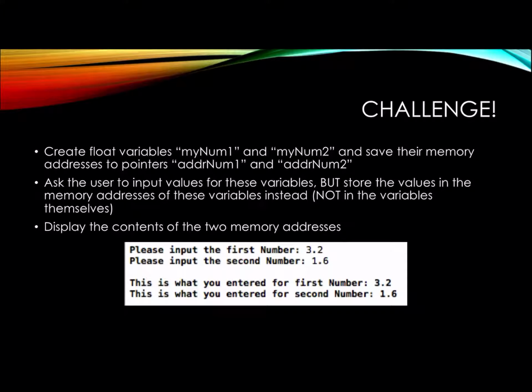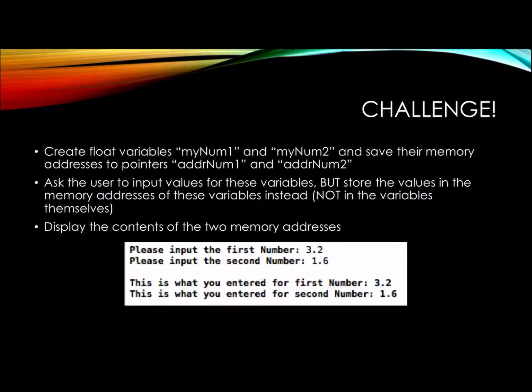challenge. The instructions are: number one, you have to create float variables, my num1 and my num2, and save their memory addresses to pointers, addr num1 and addr num2, or address num1 and address num2.